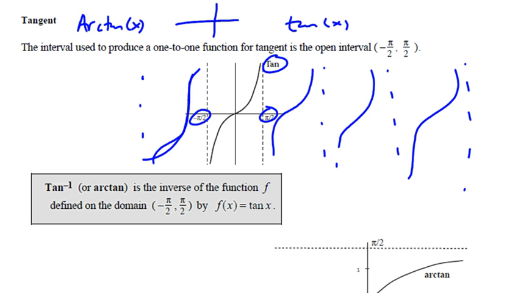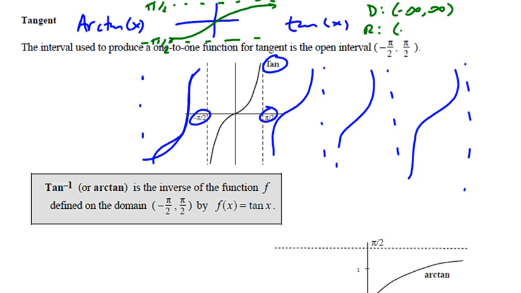It's going to have asymptotes at pi over 2 and negative pi over 2, and the graph looks like that. So the domain of arctan is all real numbers, and the range is between negative pi over 2 and pi over 2.